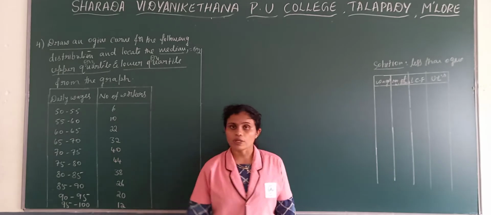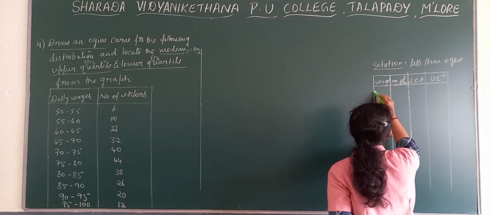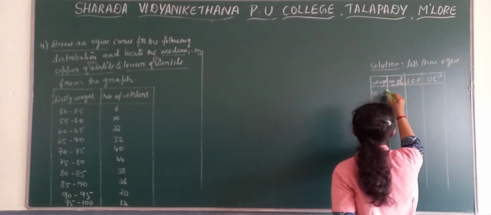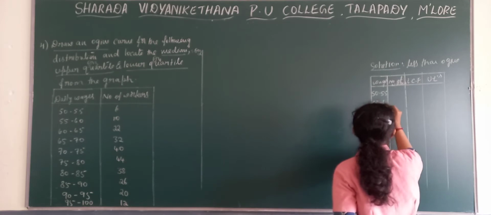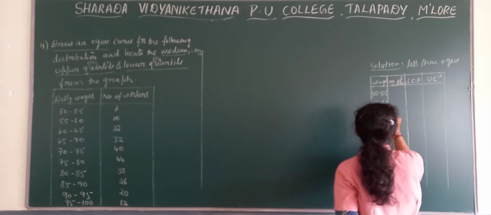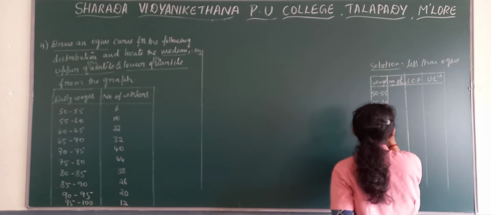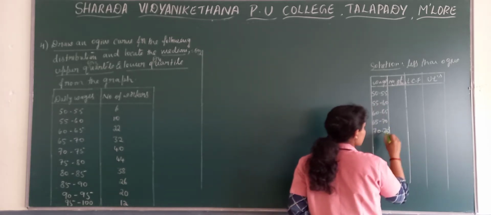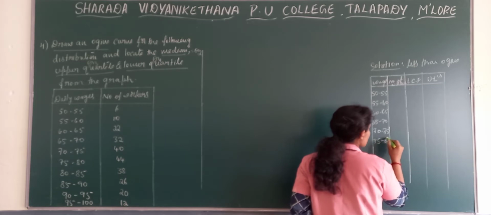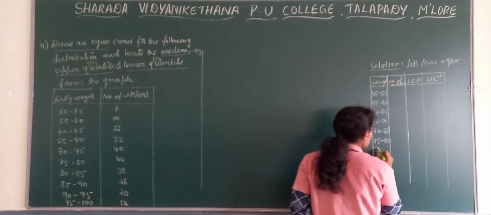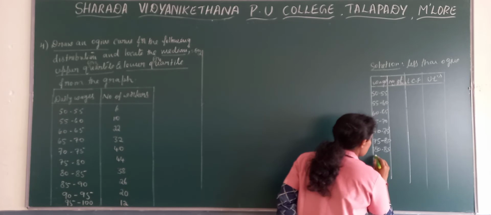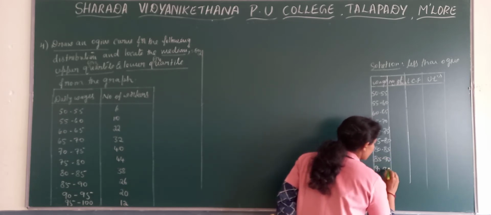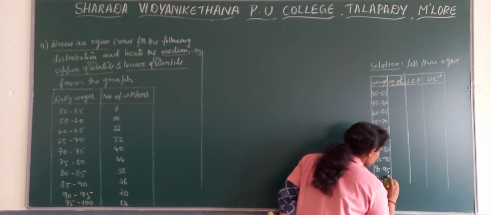Now we will take the problem as it is. 50 to 55, 55 to 60, 60 to 65, 65 to 70, 70 to 75, 75 to 80, 80 to 85, 85 to 90, 90 to 95, then 95 to 100.